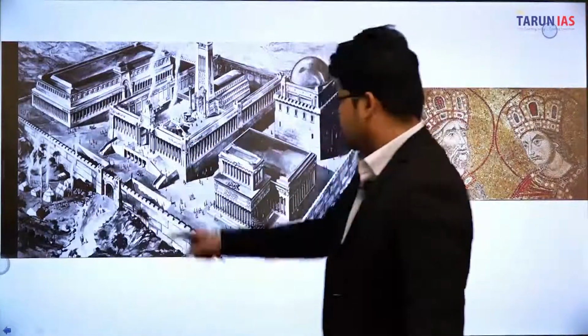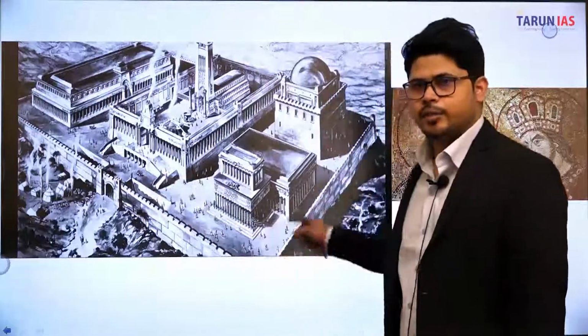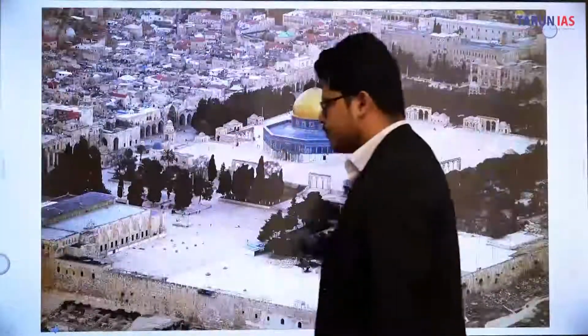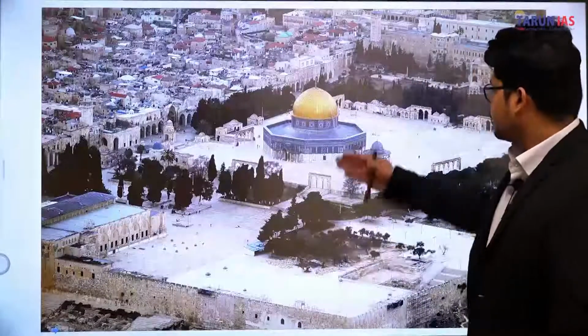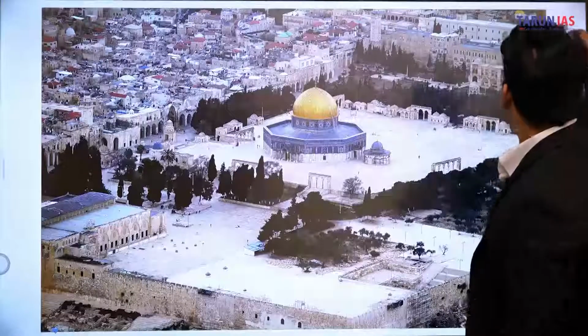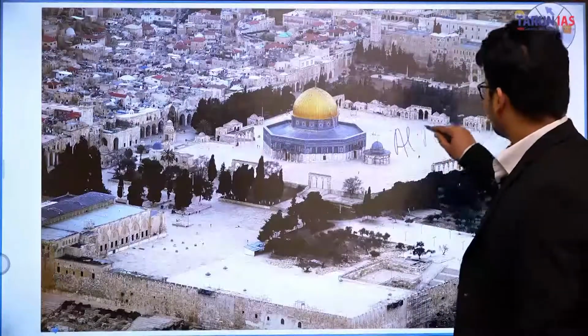You can see a very uncanny similarity between this wall and that one, and that wall is of very high significance to Jews. Jews worship at this wall, and this one is Al-Aqsa Mosque.